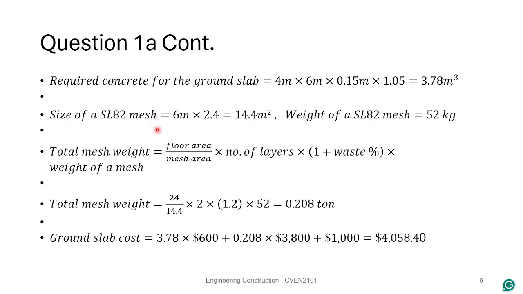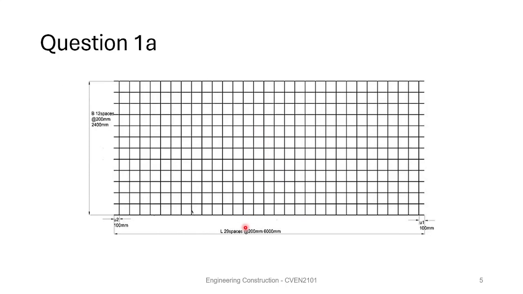The size of the SL82 mesh will be 6 meters times 2.4 meters, so it's 14.4 square meters. If you're wondering where this 2.4 meters comes from, it came from over here. The mesh looks like this if you look at the dimensions at the bottom. What this is saying is 29 spaces at 200 mils, 6,000 millimeters.